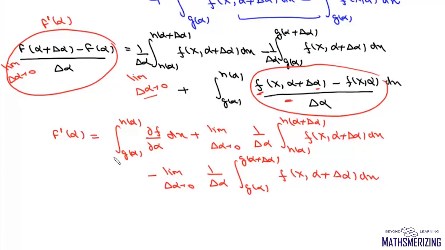So we have one part of the result, but we need to prove these other two parts.